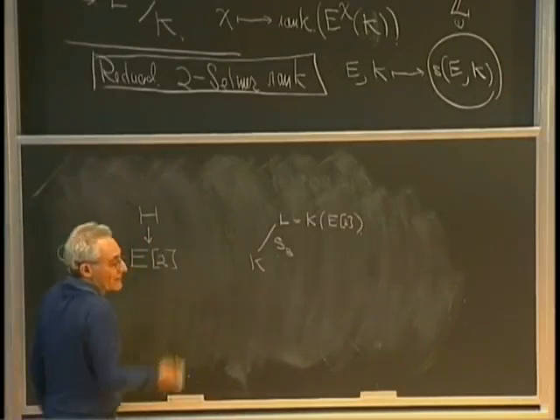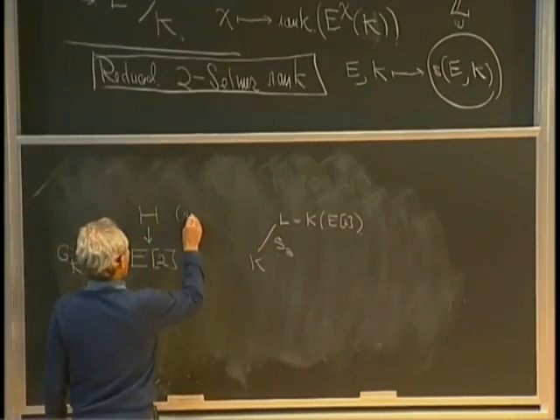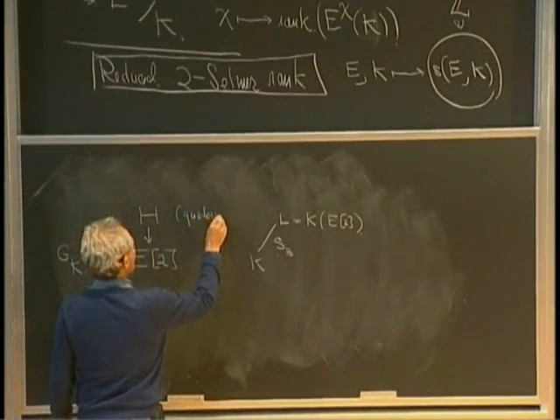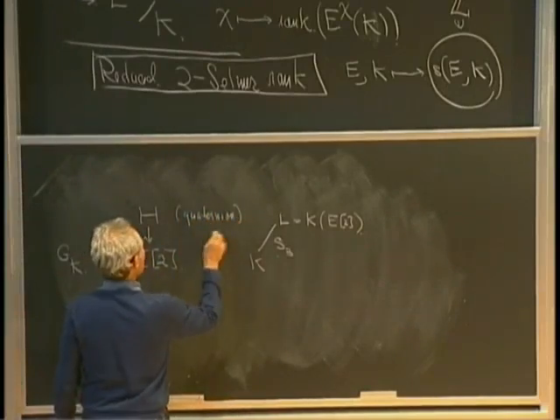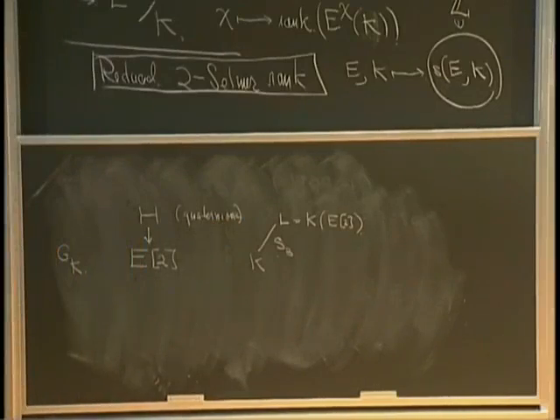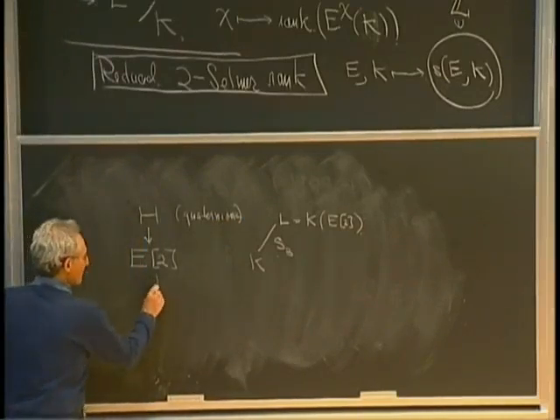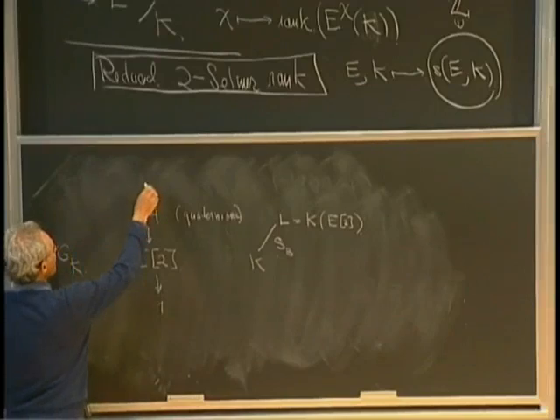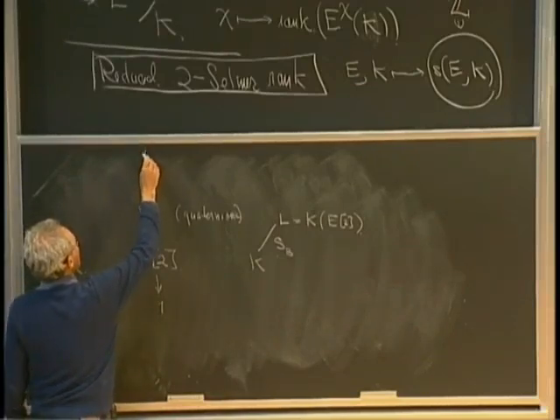It's the quaternionic group, which maps surjectively to E[2], and of course the center is the kernel.